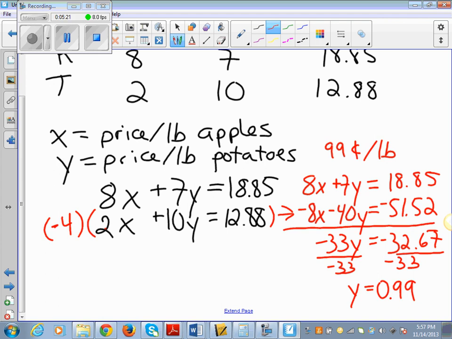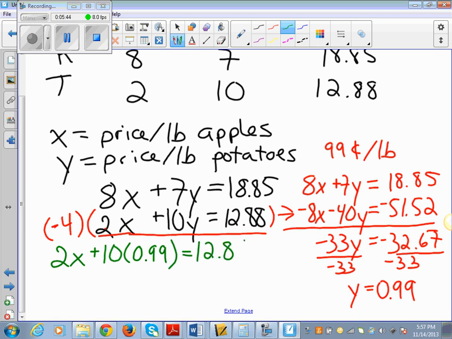So let's use this equation here, the 2x plus 10y equals 12.88. And we're going to plug in what we know, which is y. So we have 2x, because we still don't know what x is, plus 10 times y, which is 0.99, is equal to 12.88.